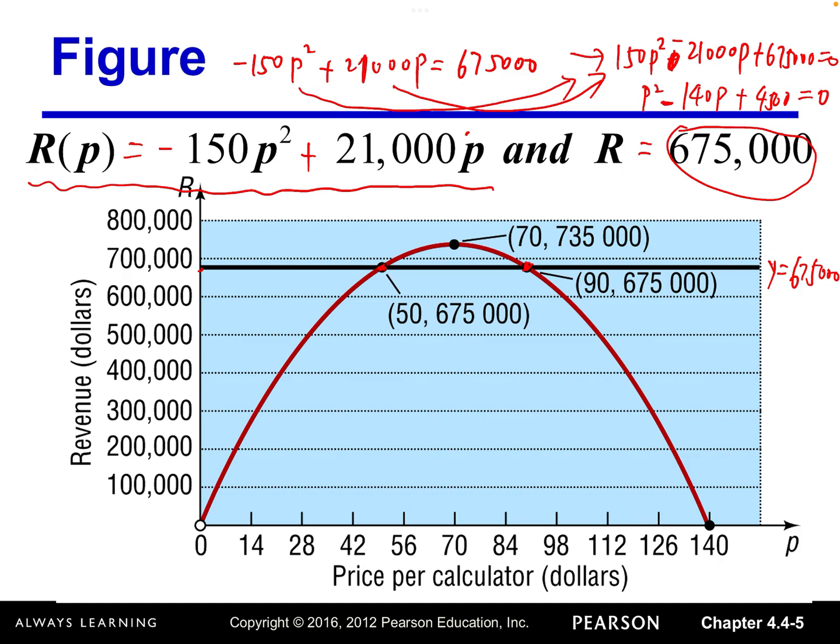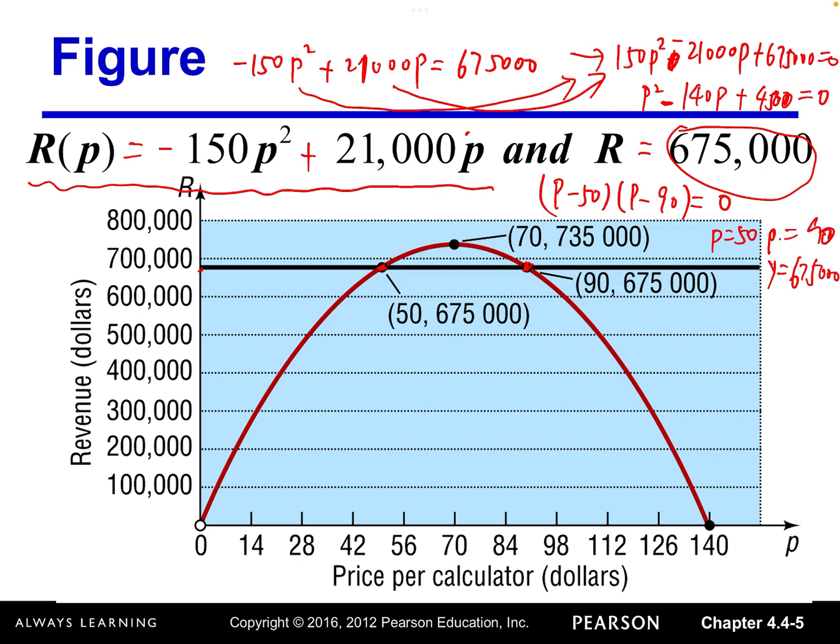And then this quadratic, we can easily factor, right? 50 times 90 equals 4,500, and 50 plus 90 equals 140. But the sign is negative, so both 50 and 90 are negative. So we factor as p minus 50 times p minus 90 equals 0. And then we can easily solve: p equals 50 or p equals 90.